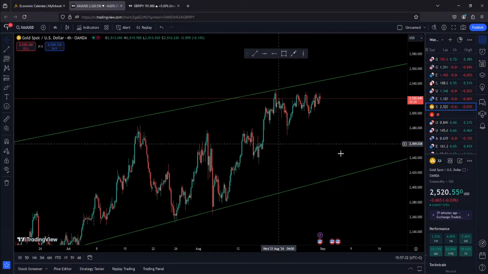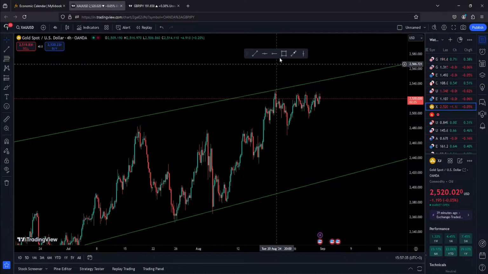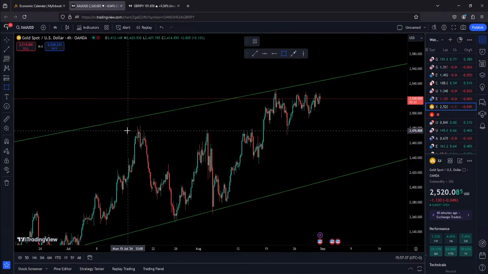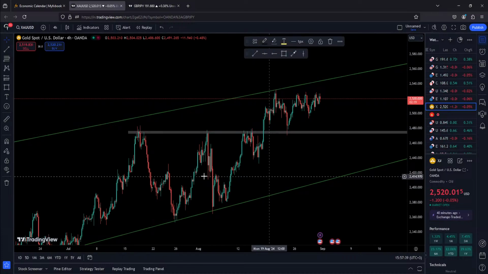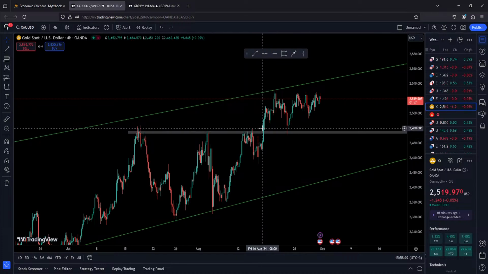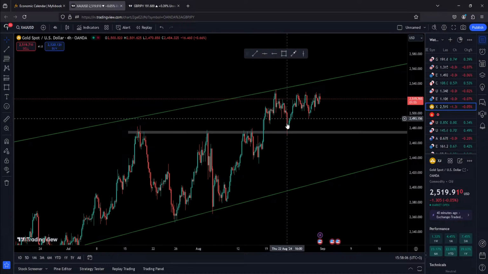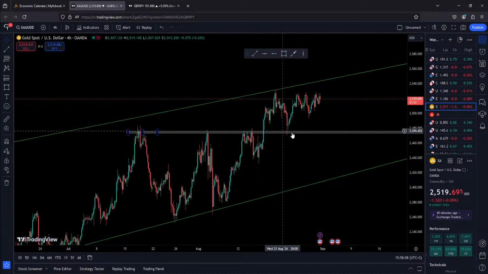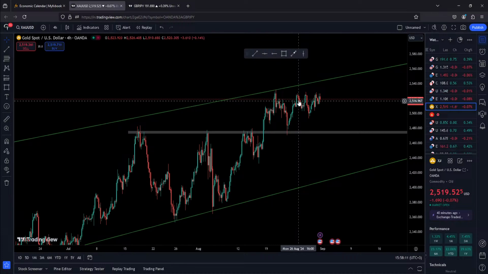So if we look at the 4 hour time frame, then one thing I can see clearly in the 4 hour is this level over here. Okay, so look, this is a very strong level, which is at around 2475 in gold, and the market tried to break this key level multiple times, like one over here, then second time over here, then third and the fourth time over here, and the fifth time it finally broke above and then came back down and made a support out of this level and then bounced back up.